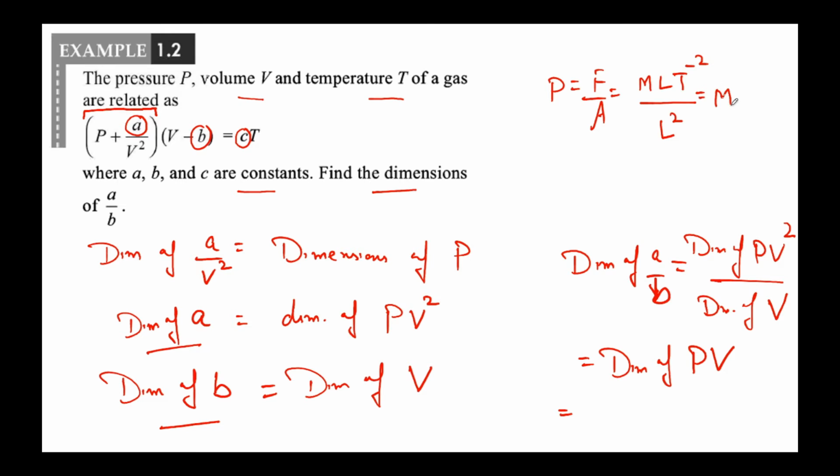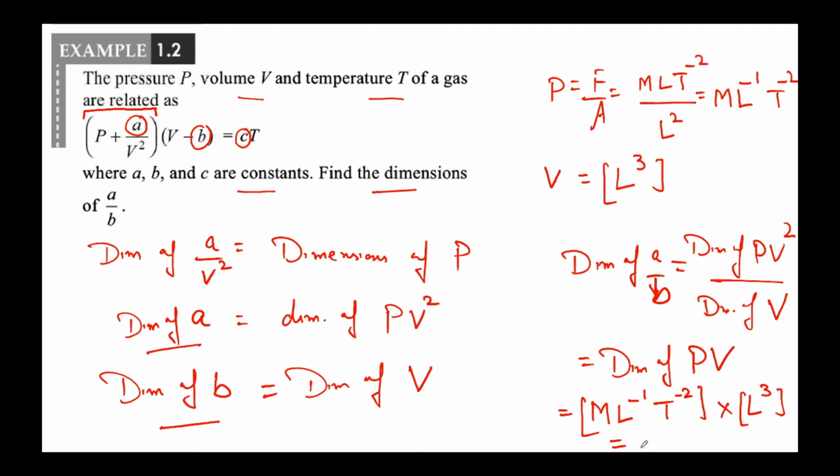From that the dimension of pressure is m L raised to power minus 1 t raised to power minus 2. And volume is equal to length cube. Volume of a cube is length into breadth into height, and that is equal to L cube.